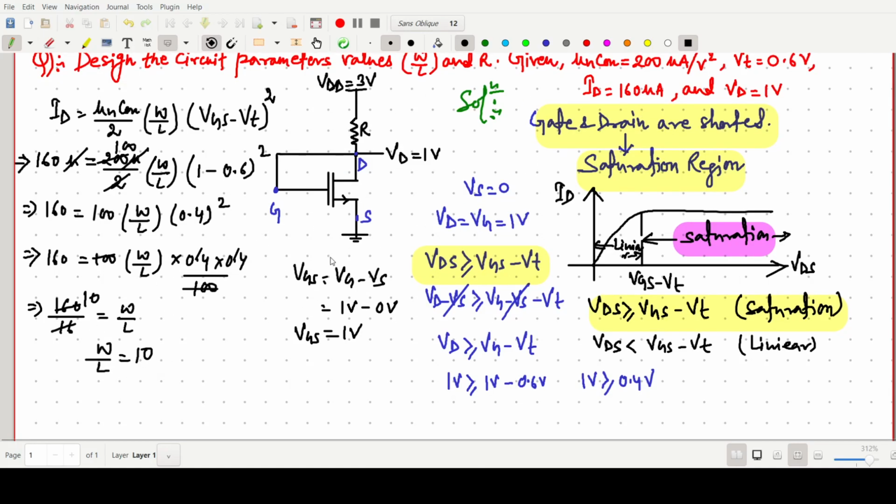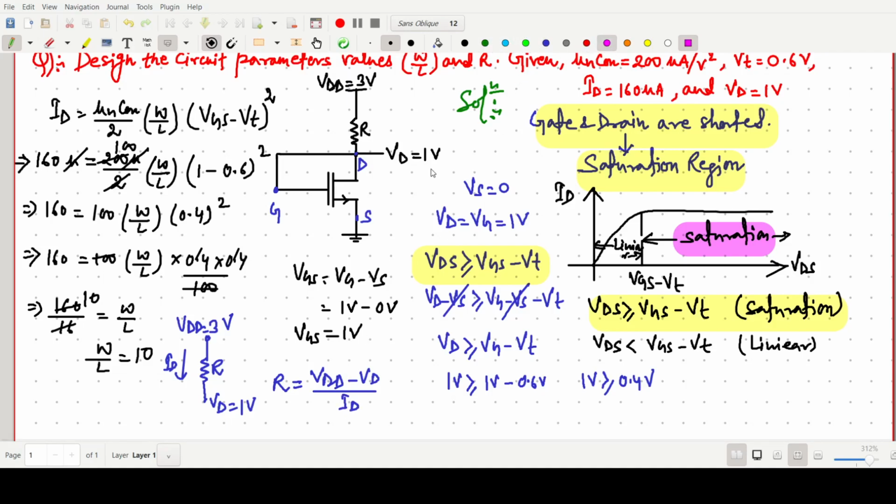Now we have to find the R value. I am just marking this R. This one is 3 volt, that is our VDD, and VD is also given as 1 volt. R we have to find, and ID is also given. With simple Ohm's law, we can write R equals VDD minus VD by ID.